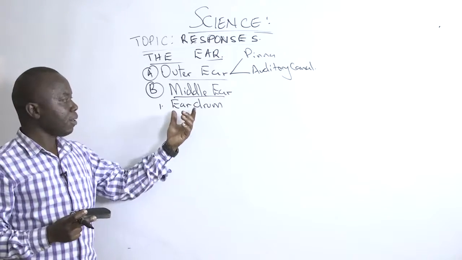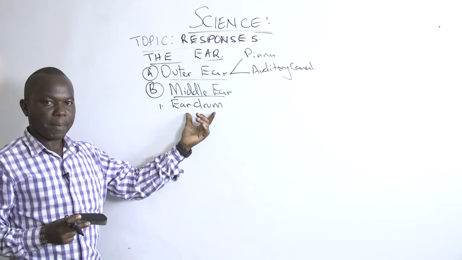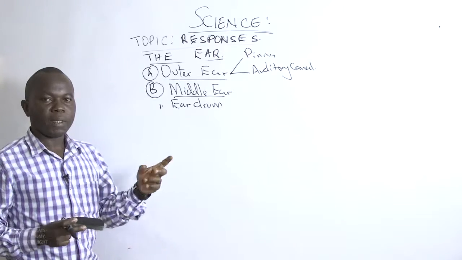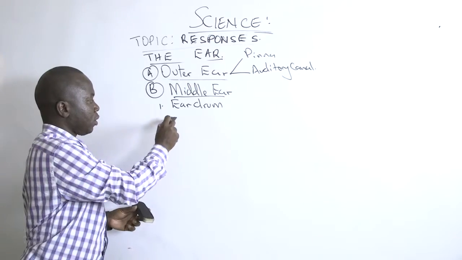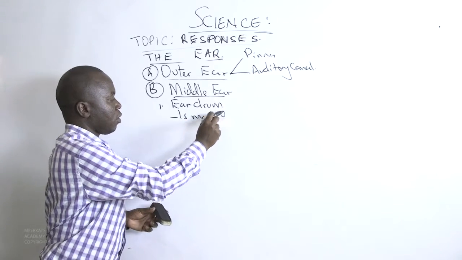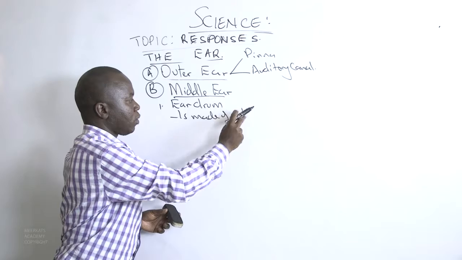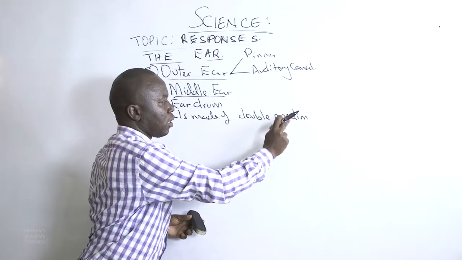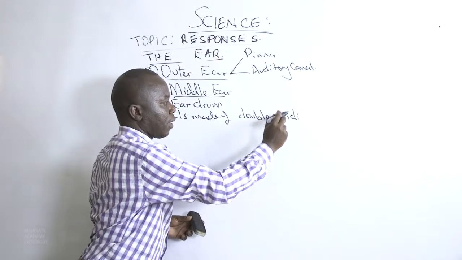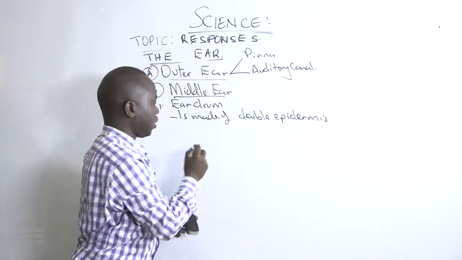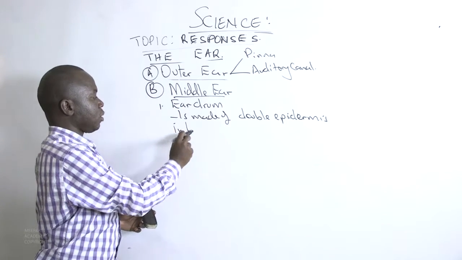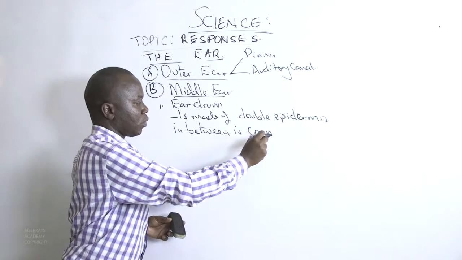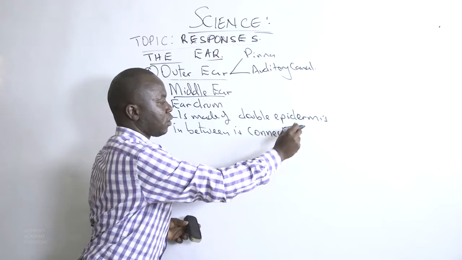Eardrum is made up of double membrane, or double epidermis, held together, and in between the two membranes we have connective tissue.